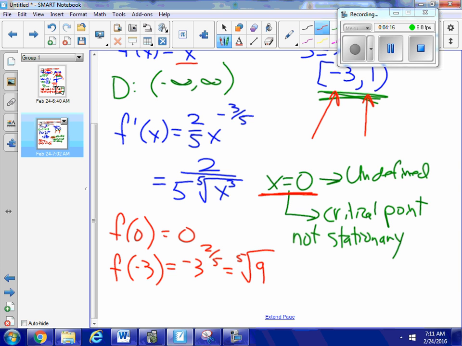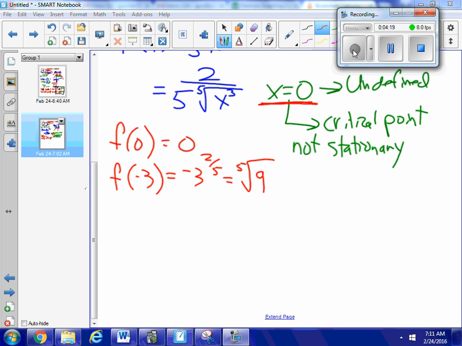I think I'll leave it like that for a minute. And let's evaluate f of 1. Remember, I'm putting this into the function, not into the derivative. The derivative has already served its purpose by indicating to me the critical point. f of 1 is 1 to the 2/5, so that's equal to 1.